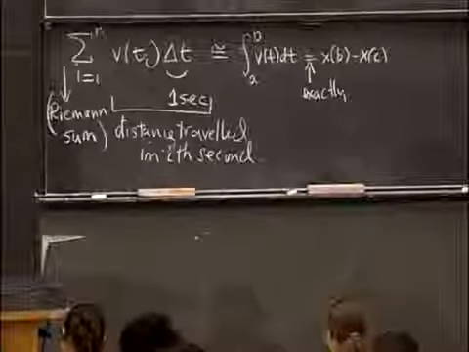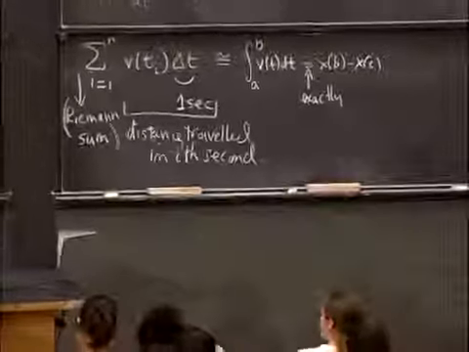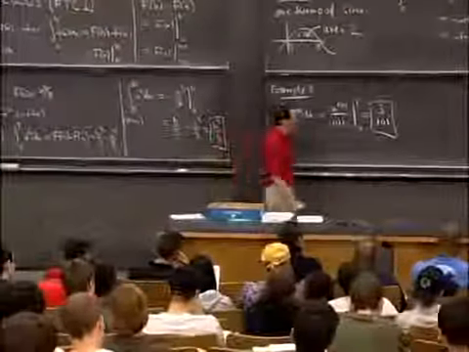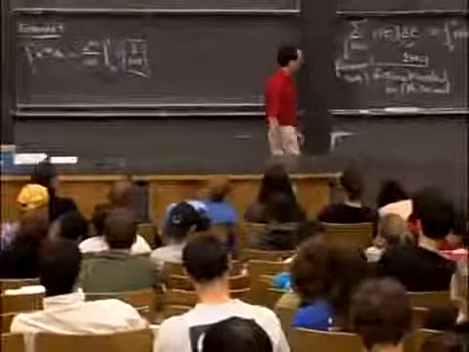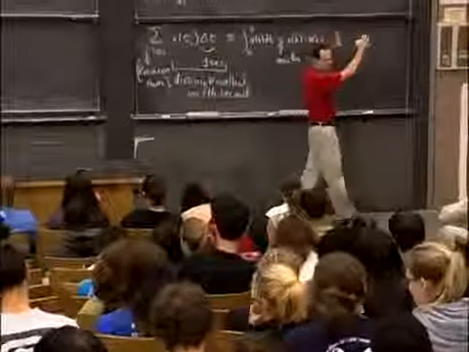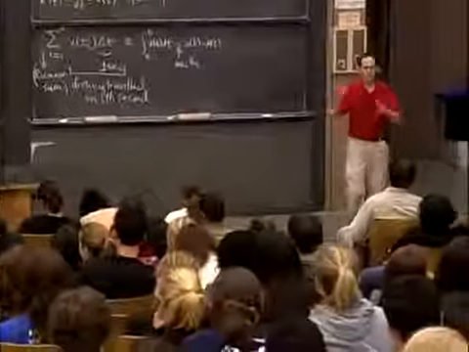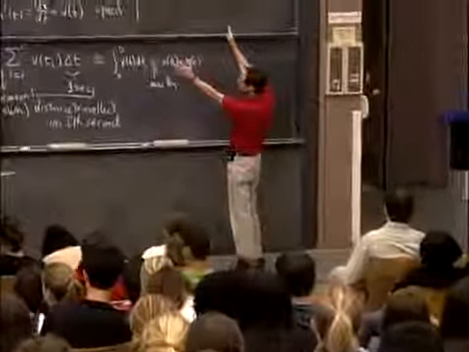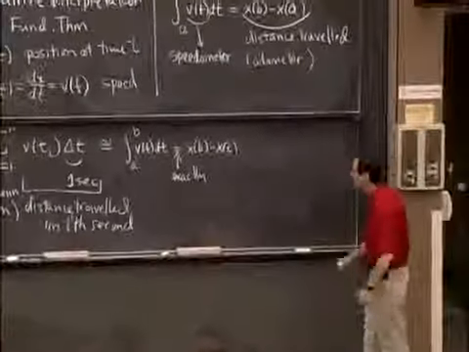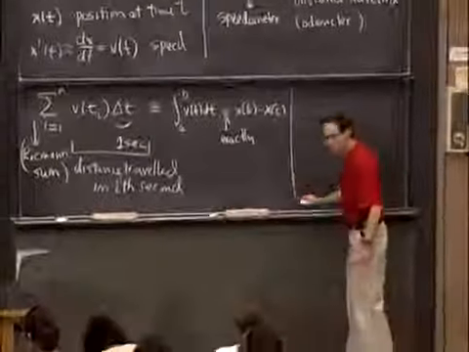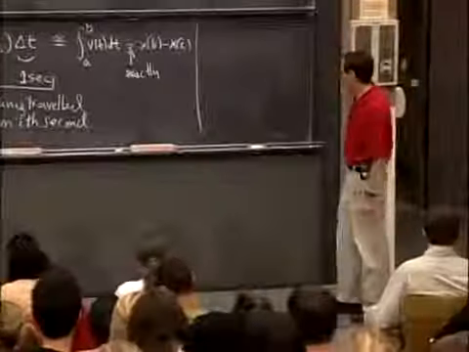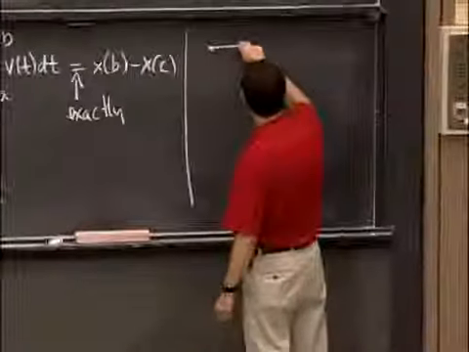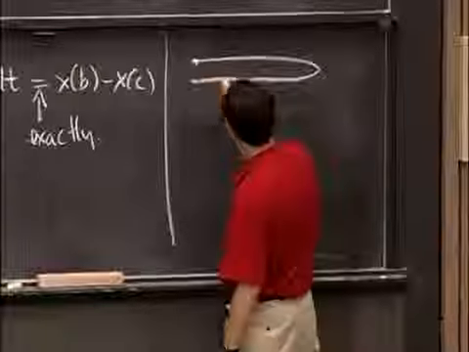And now what I need to do is extend it just a bit. And the way I'm going to extend it is the following. I'm going to do it on this example first, and then we'll do it more formally. So here's this example where we went someplace. But now I just want to draw you an additional picture here. Imagine I start here, and I go over to there, and then I come back.